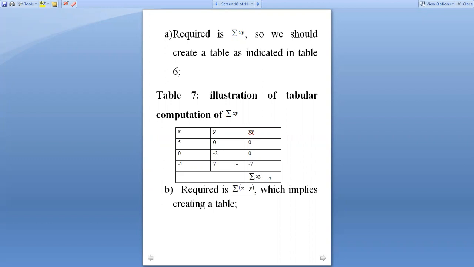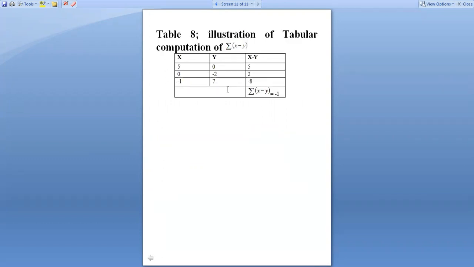Even if it is expressed like this, that you sum up the differences of the corresponding observations, as you see here, there are no upper and lower limits. They are telling you that you sum up everything. So here we get a table like this. We put x values and y values, and then here we put the x minus y column, where you subtract 0 from 5, you get 5.